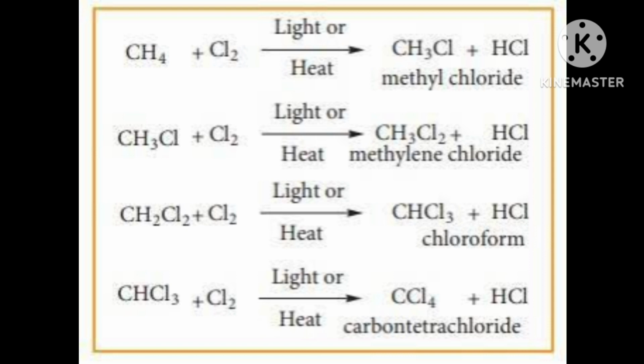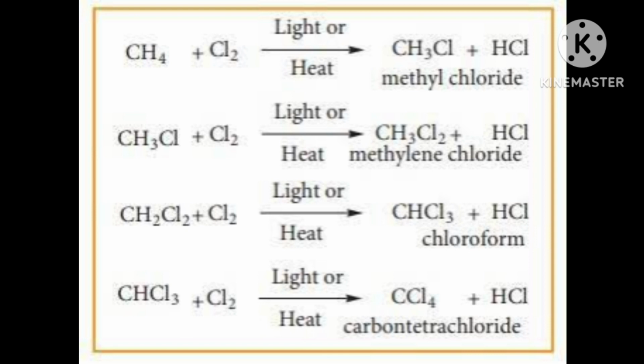The possible chain termination steps are: chlorine free radical plus chlorine free radical, each with one electron; they join and form a Cl-Cl bond, meaning Cl2. This is the first possibility. The second possibility is CH3 plus CH3, methyl radical plus methyl radical. They join and form CH3-CH3.